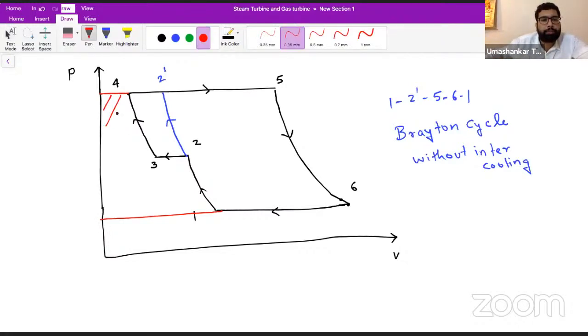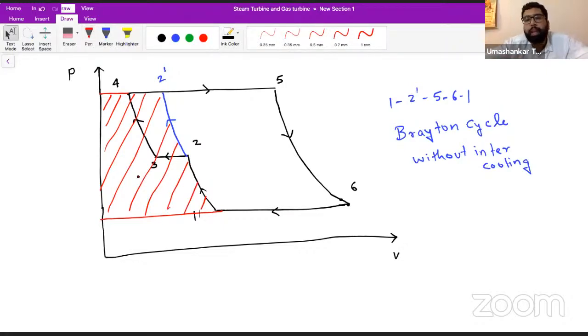So let's say this is the work required by the compressor in case we compress in one stage.